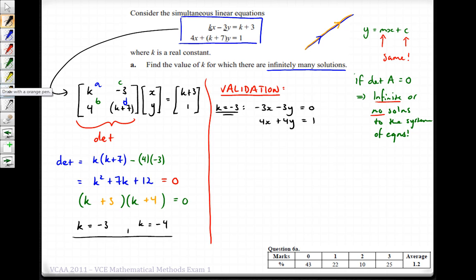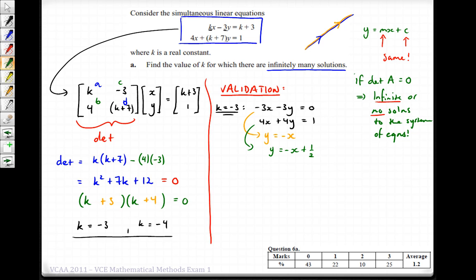In fact, just do it really quickly. We would get minus 3y equals 3x. So we'd get y equals negative x for the first one. And for the second one, we'd get y equals negative x plus a quarter.